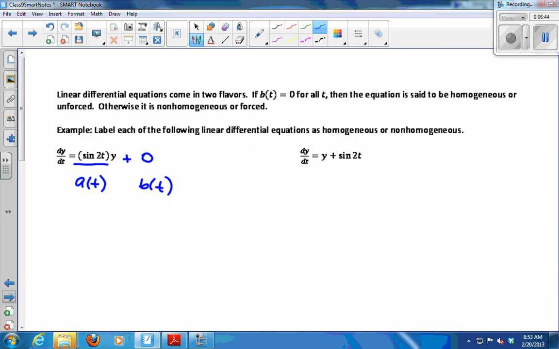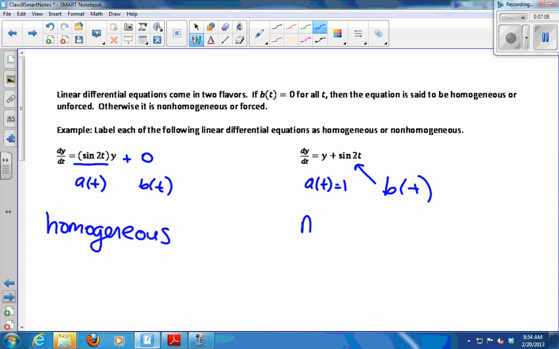In the second one, my A of t is 1, and my B of t is sine 2t. Okay, so this one is homogeneous, and this one is non-homogeneous.